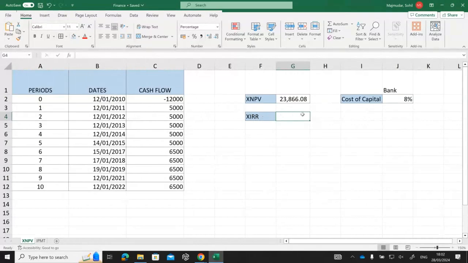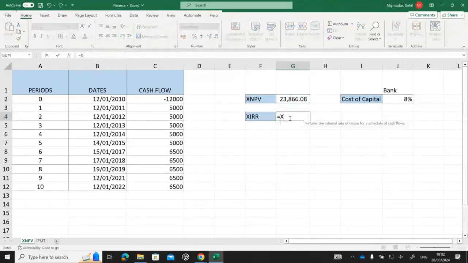Will it be more than 8% or less than 8%? More, right? Because you're making more money compared to the bank. And the same way, you have to do equals XIRR. IRR had just one thing, values. This will have two things, values and dates. It's pretty straightforward.